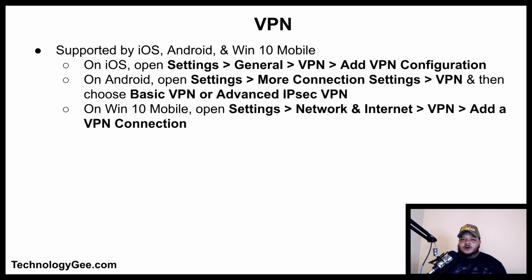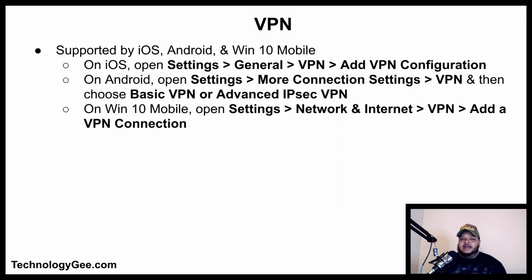VPN connections are also supported by iOS, Android, and Windows 10 mobile devices. VPN settings vary by the VPN type, so be sure to know the VPN type and the settings needed to create a connection from a mobile device. So to create a connection to a VPN with an iOS device, you would open Settings, General, VPN, Add VPN Configuration.